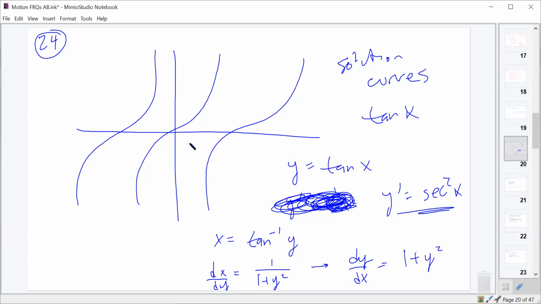And now when you plug in 0, 0, it goes through your point that you're looking for. But y prime is secant squared x. That's not an answer choice that's given to us, so it certainly can't be that one. So it'd have to be choice E.